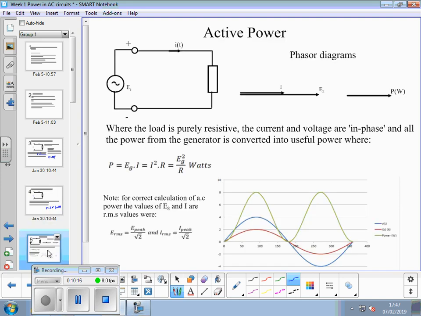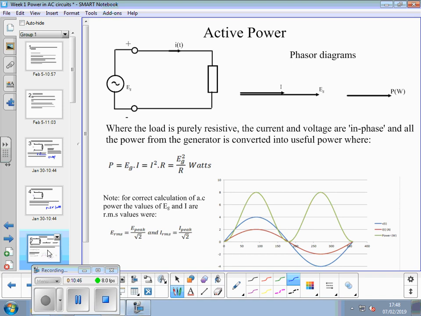So, we're going to now talk about how power, and there's 3 different powers in an AC circuit. First of all, we're going to look at what's called active power. Where a load is purely resistive, the current and voltage are in phase, and all the power from the generator is converted into useful power.